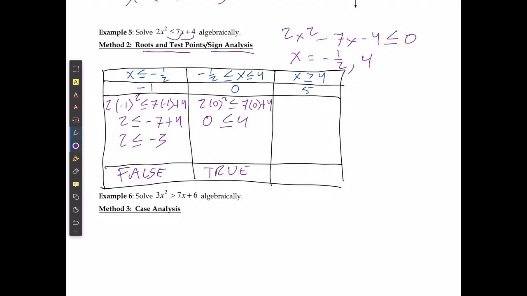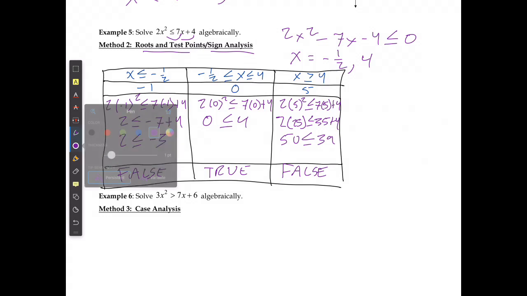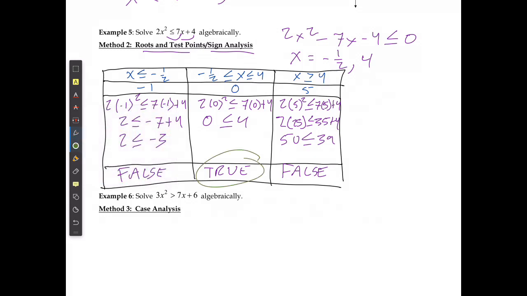On the top side, 2 times 5 squared is less than or equal to 7 times 5 plus 4. 2 times 25 is less than or equal to 35 plus 4. 50 is less than or equal to 39. That is also false. Which means that the solution region has to be where it is true, which means there's my solution.